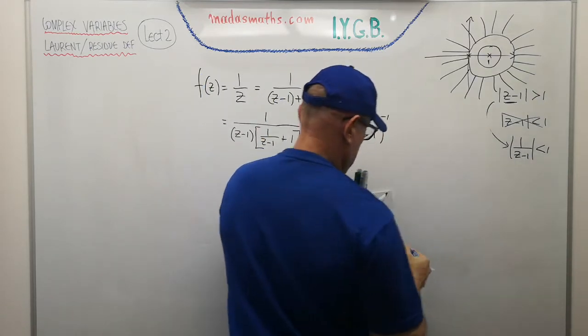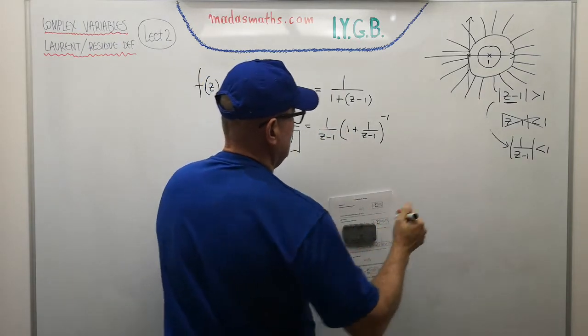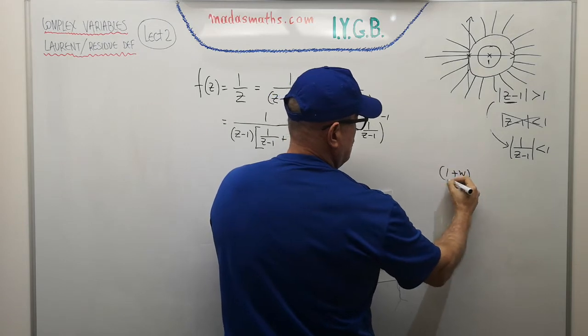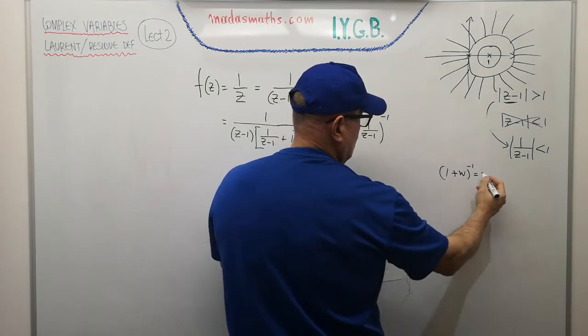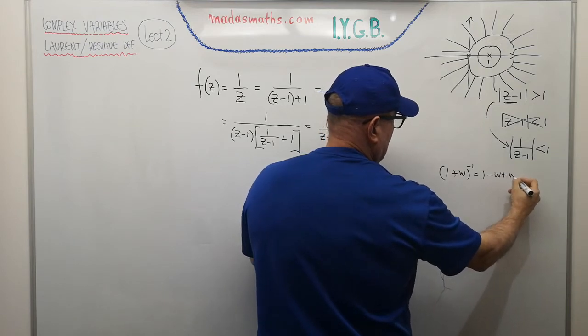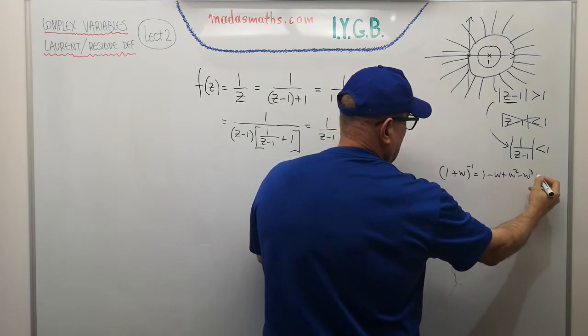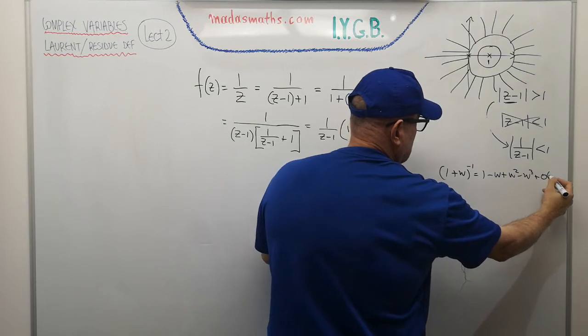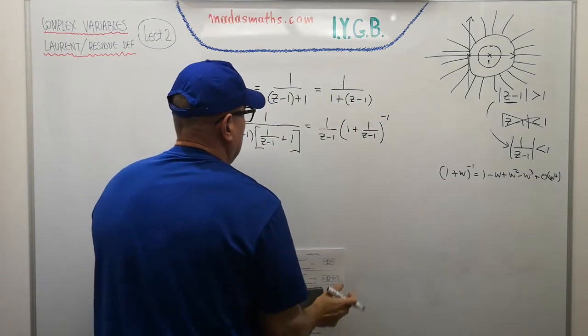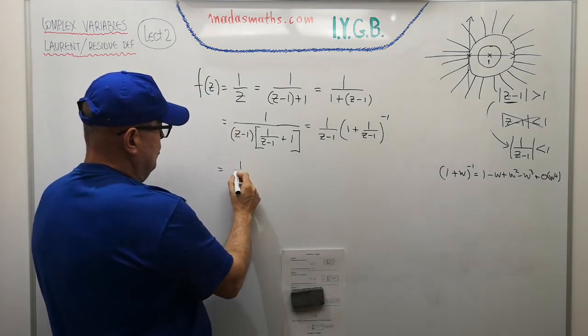So let me just write the expansion of 1 plus w. I'll actually write it on the bottom here, probably better. So 1 plus w to the power of minus 1. It's a standard binomial. It alternates. So it's 1 minus w plus w squared minus w cubed plus higher order terms. Okay, so using this particular expansion, what will happen here is I'm going to have 1 over z minus 1.